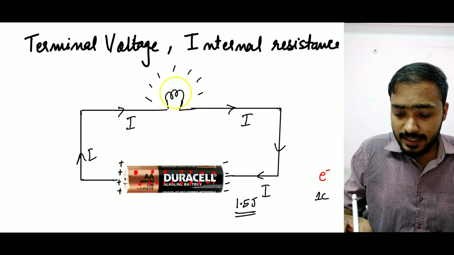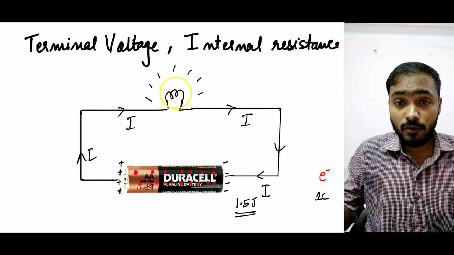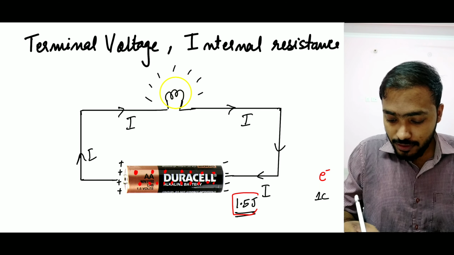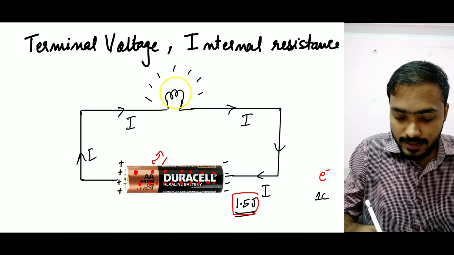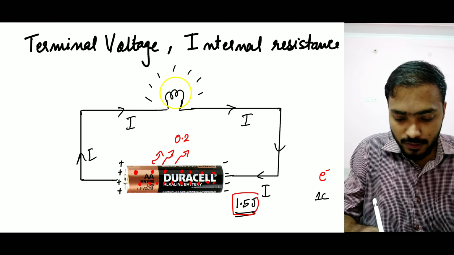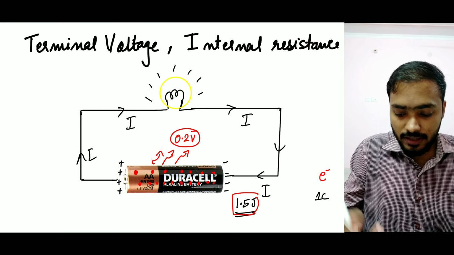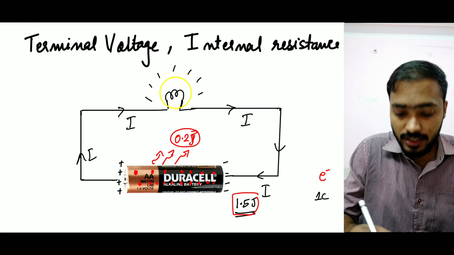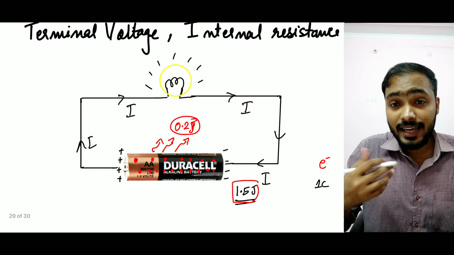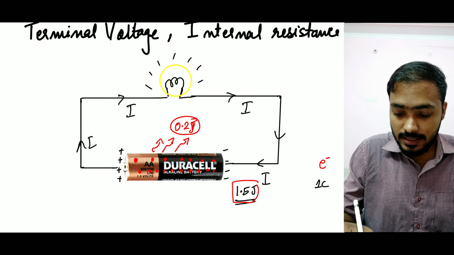So let's say that the electron has traveled all the way through. But instead of 1.5 joule, let's say some of its energy is being lost in the form of heat, and let's say 0.2 joule of energy is being lost here. So what will be the energy of the electron over here?